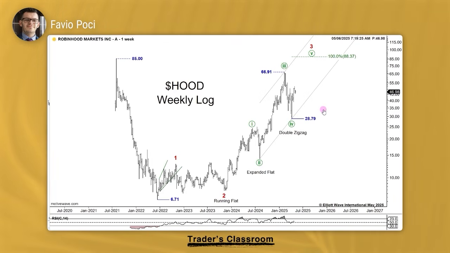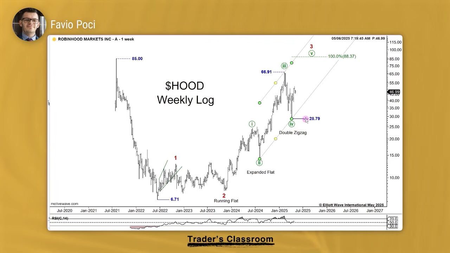So that's an important factor that you need to keep in mind. Wave 5 must not trade below the channel's lower boundary. Of course, it will negate the count if we trade below 28.79, as that is our line in the sand.